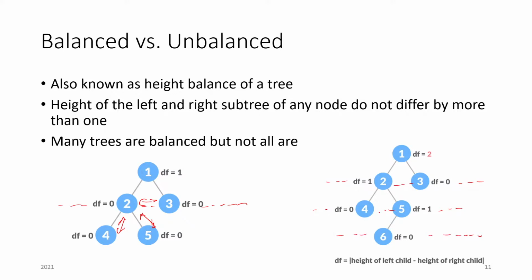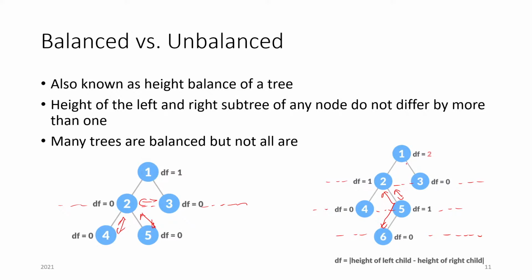But when we go to different levels, here it's going to be a difference of 1, but if you go from here to here, that's going to be a difference of 2. Because we have that difference of 2, this tree is unbalanced. So that's what we need to watch out for in our analysis of balance and imbalance.